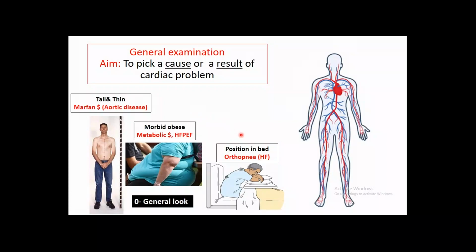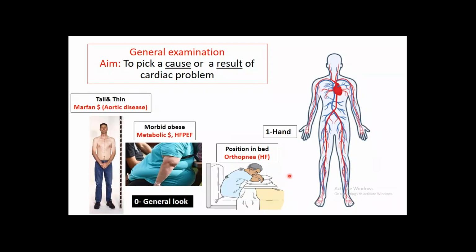Also, the position of our patient in the bed might give a clue about the volume overload. Like this patient, if we have a patient with orthopnea, this might denote marked volume overload.